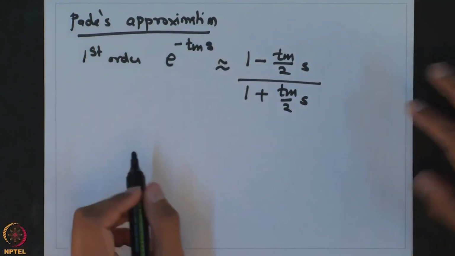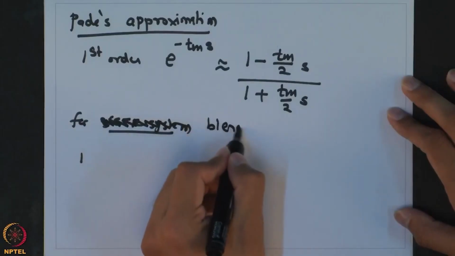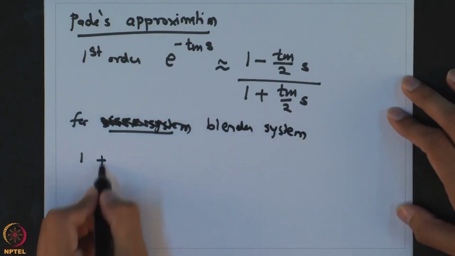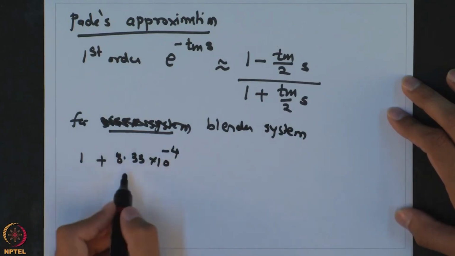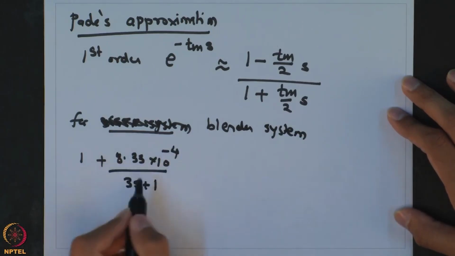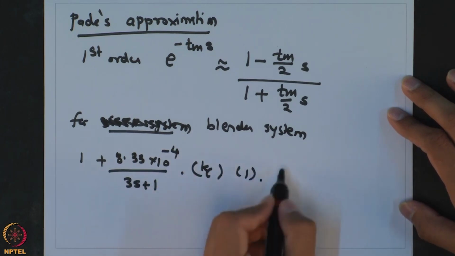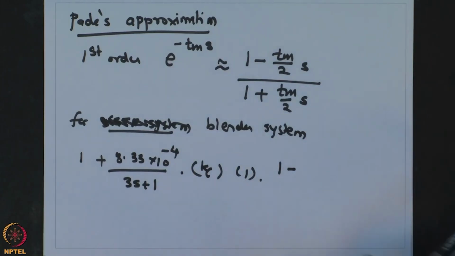So if we use this for our example, for the blender system, we get 1 plus 8.33 10 raised to minus 4 over 3s plus 1 into Kc, times the delay term. Let us say for this system we use Tm equal to 1.